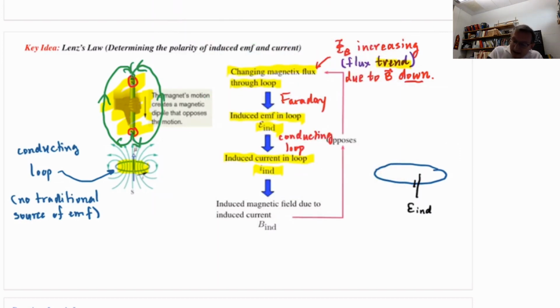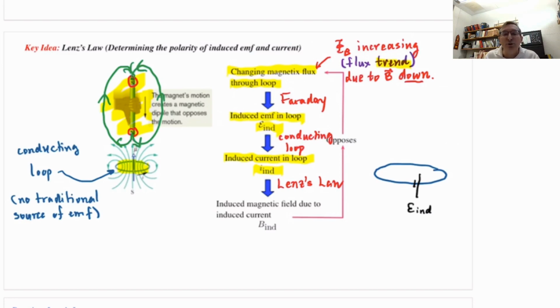All right, now this next step is what is historically called Lenz's law. And it's the opposing part I was talking about. That induced current will create its own magnetic field. Yes? Current creates magnetic field. I've got an induced current in this loop, so I have a magnetic field. Guess what?